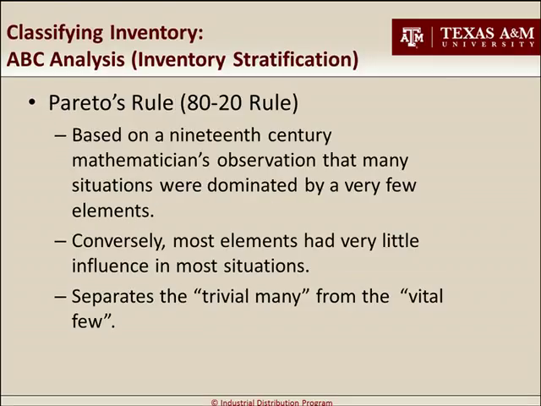Inventory stratification is based on Pareto's observation that 20% of the people in Italy had 80% of the land in his time. The objective here is to eliminate items with very little influence and focus on the vital few.